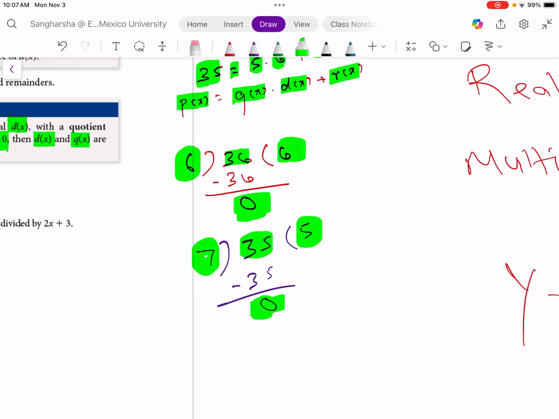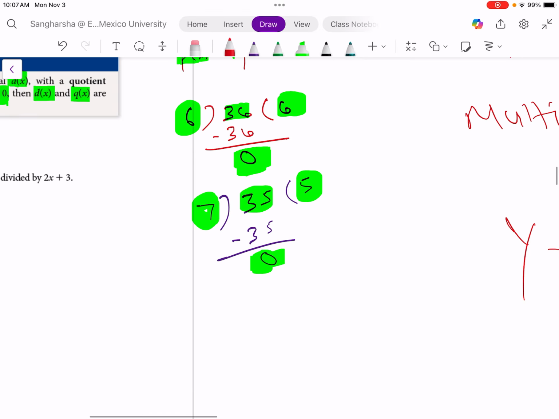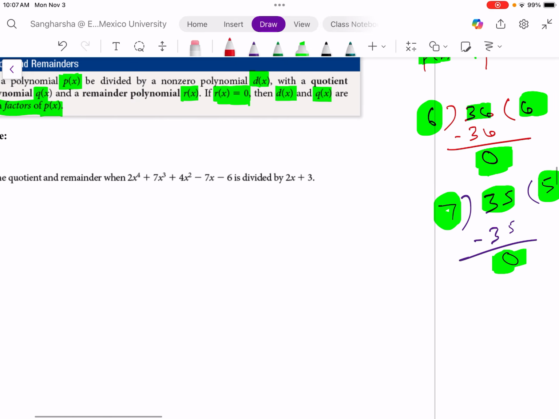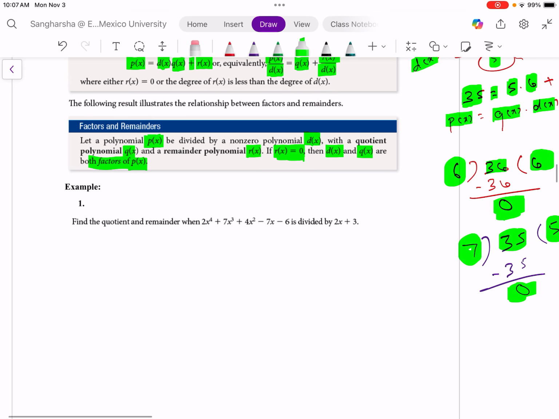Okay, so in general we have our p of x. In this section we will be dealing with a polynomial function. So the polynomial function will have d of x and q of x as factors when the remainder is equal to 0.